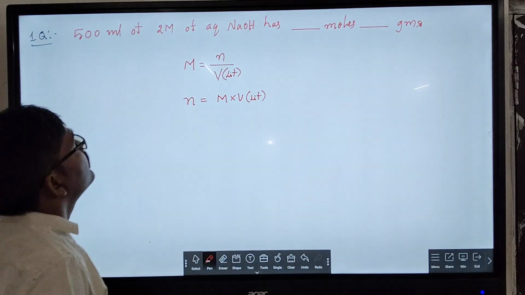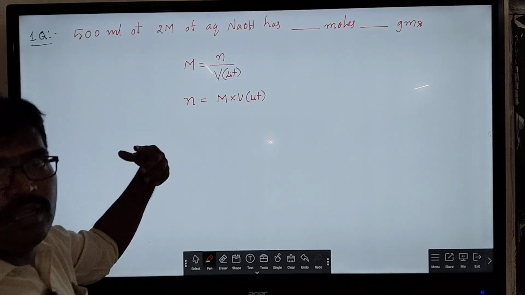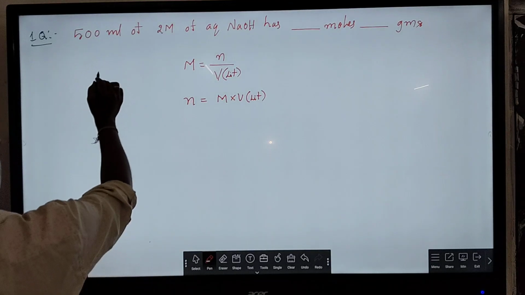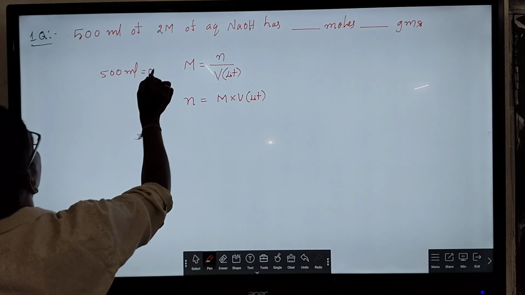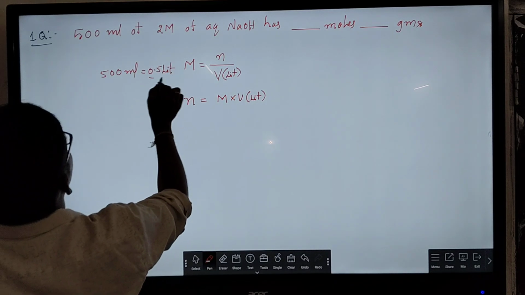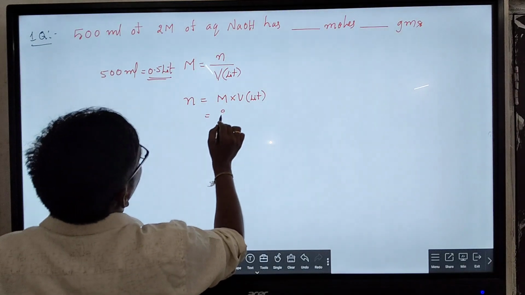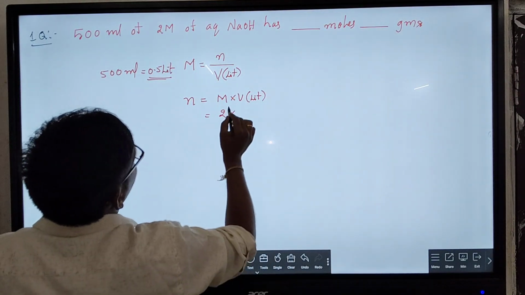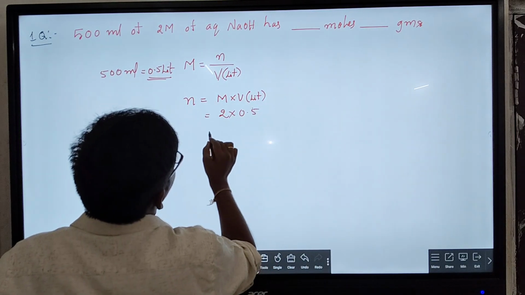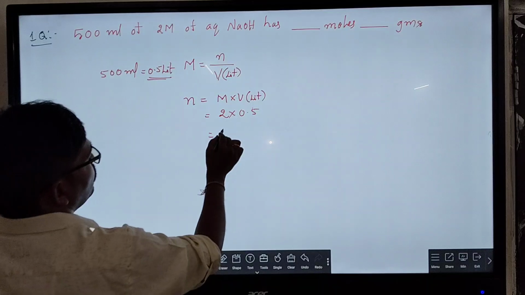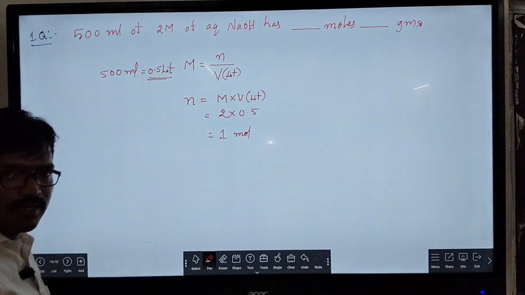Here the volume is in milliliters, so 500 ml equals 0.5 liters. Molarity is 2, into 0.5 liters, so you get 1 mole.